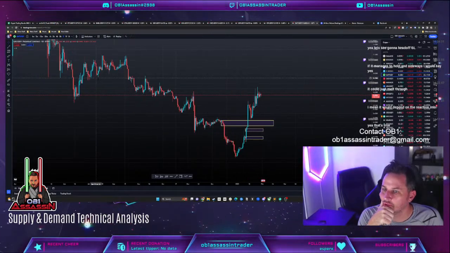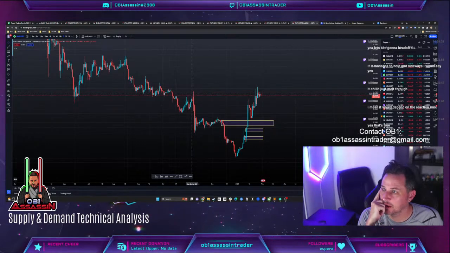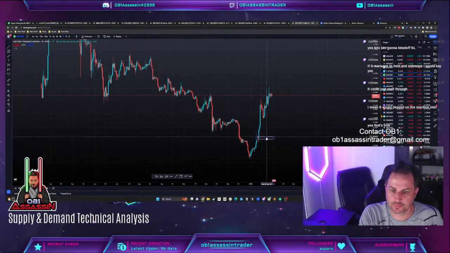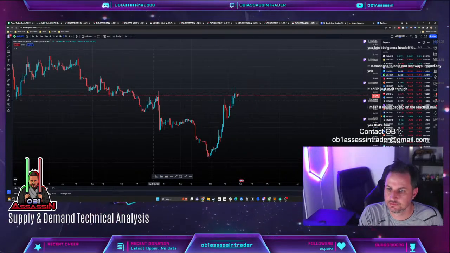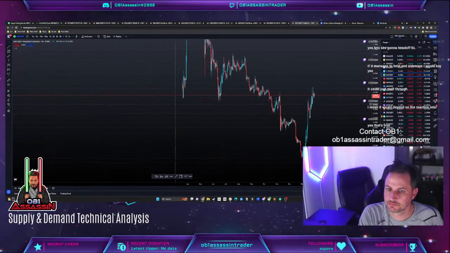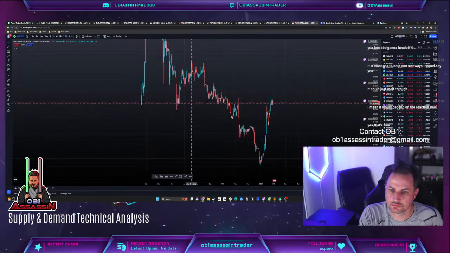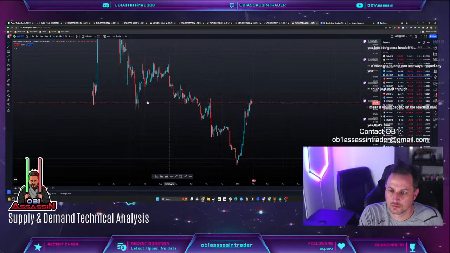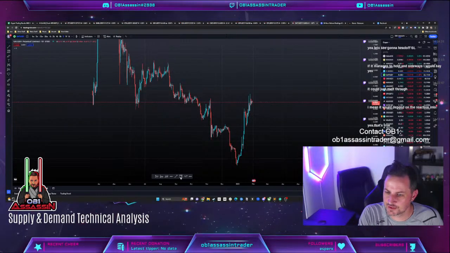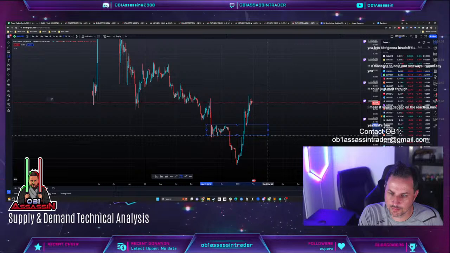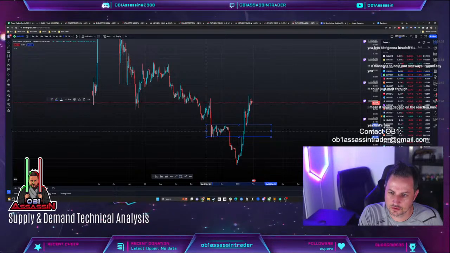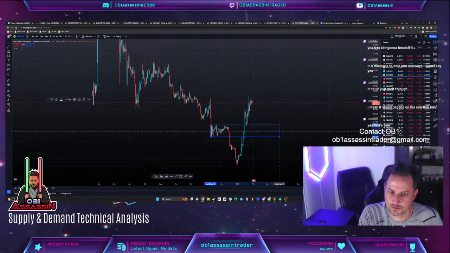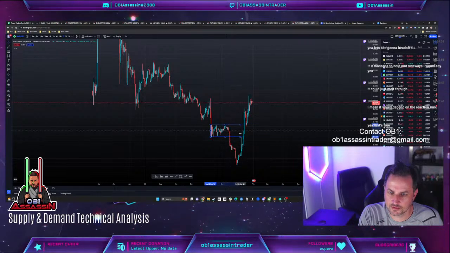All right, we can already see we had a big break in structure for GMT, which is fantastic. Let's get rid of these. We have a few different support and resistance zones we can look at. Biggest one is here. Obviously, it's not in play at the moment, so I'll leave it there.